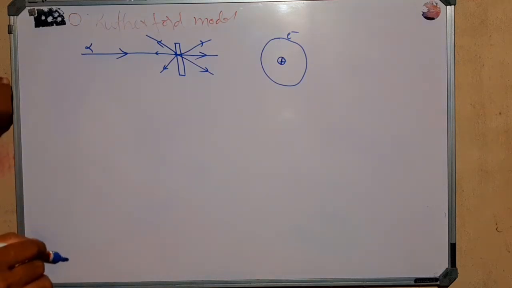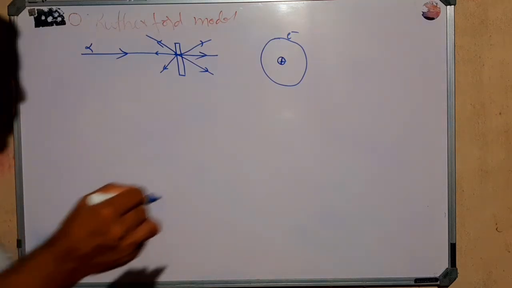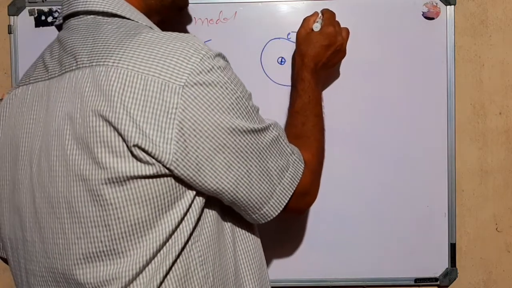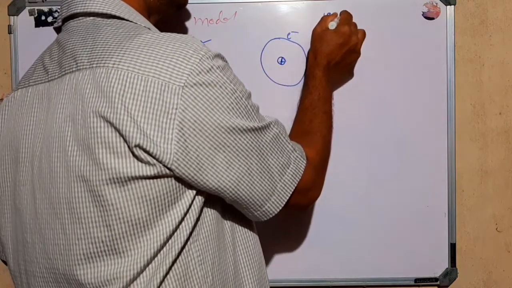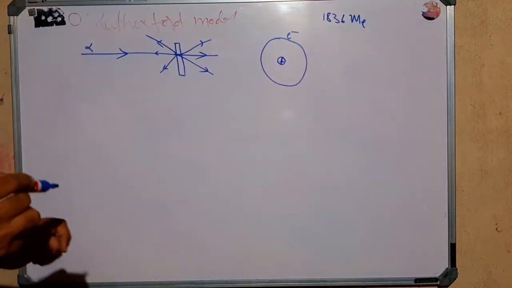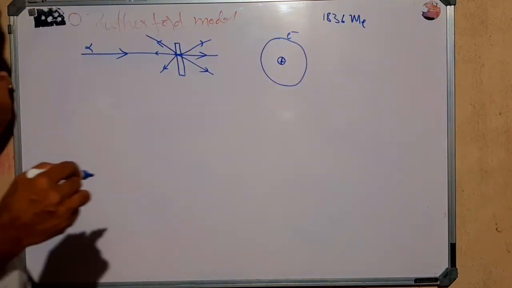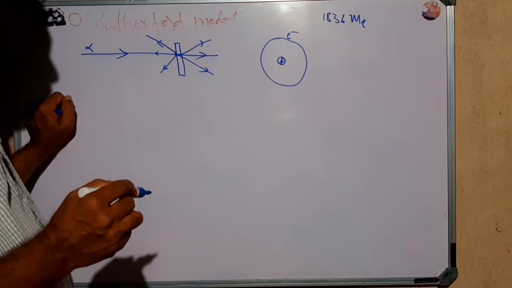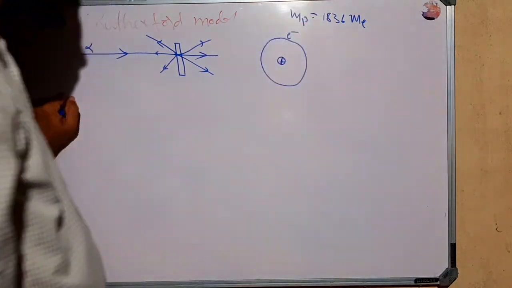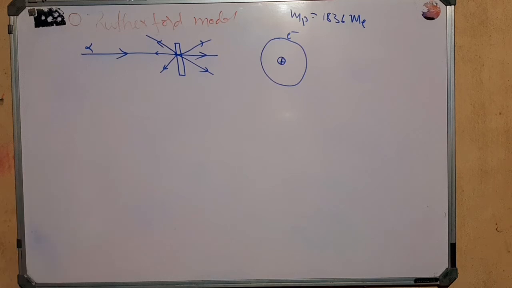So, as you know, the mass of the proton is 1836 times the mass of the electron. You can see how much larger the mass of the proton is compared to the mass of the electron.